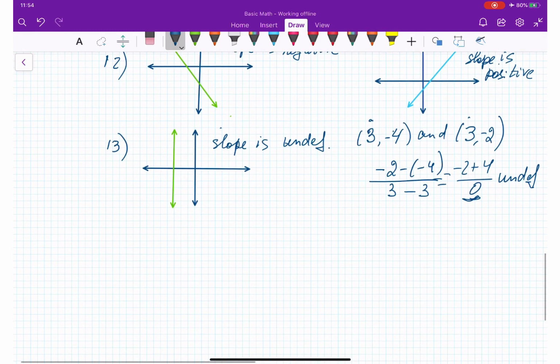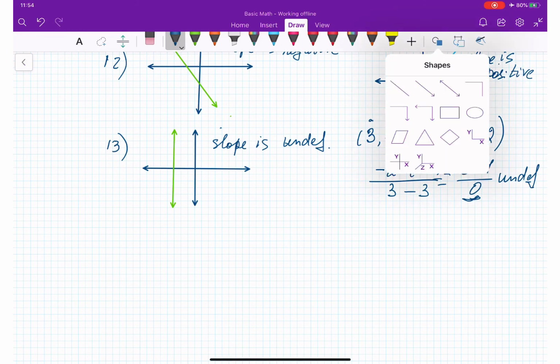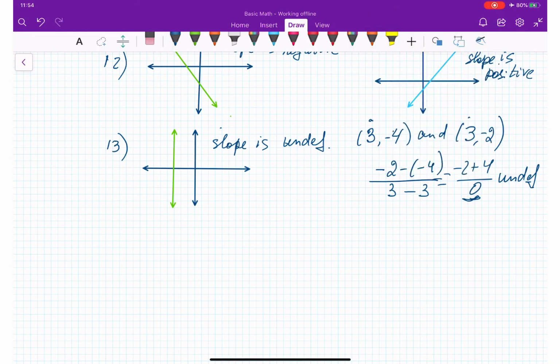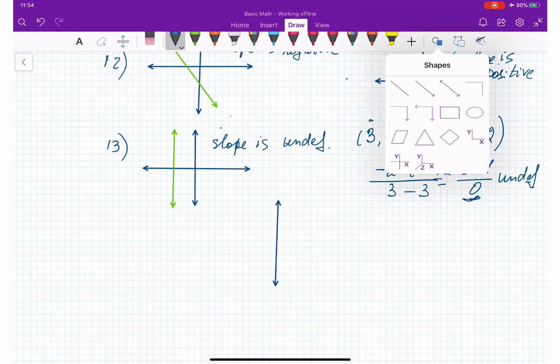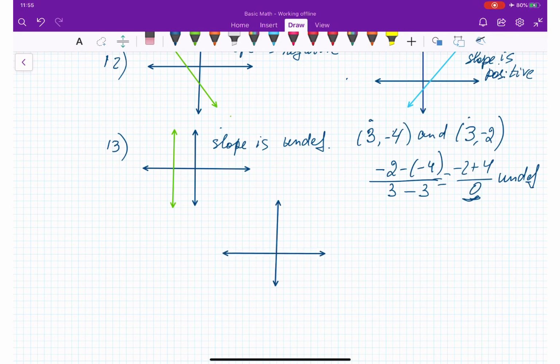And here also let me show you the horizontal one, although we did, but it never hurts to do one more. Okay, the blue color is going to be the horizontal one.